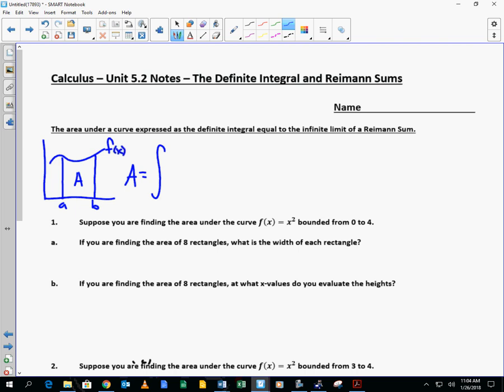That's now where we are: we're in integral calculus. Bounded from a to b, of f of x dx.